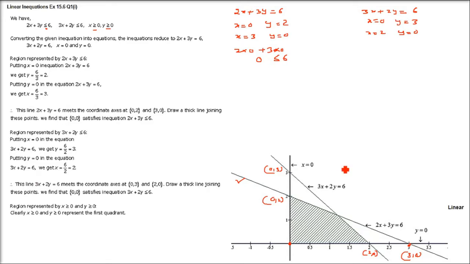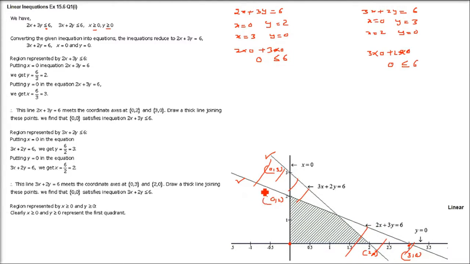And then the second one, 3x plus 2y is equal to 6. Now put x equal to 0, y equal to 0. So 3 into 0 plus 2 into 0 is 0. 0 is less than or equal to 6. Yes, it is. So again, 0, 0 lies in the solution, which is below. Now, what portion are we going to take?